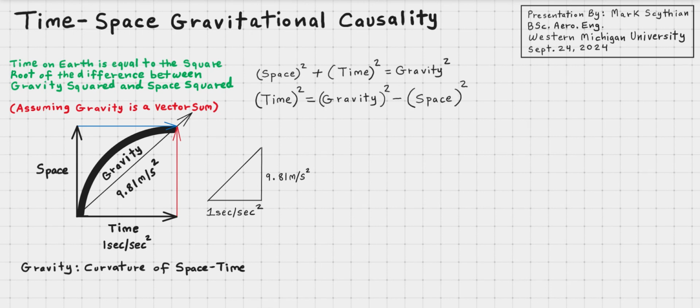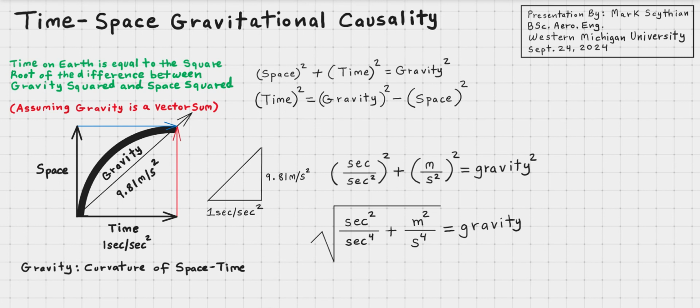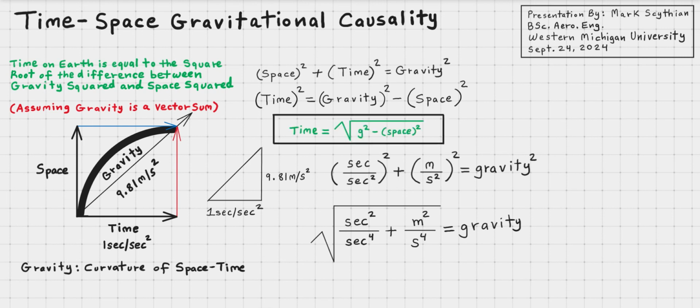But then if we were interested in time, we would find its unit value and then equate the gravity to the unit metrics, and then come down to a simplified time equation, the square root of gravity squared minus space squared.